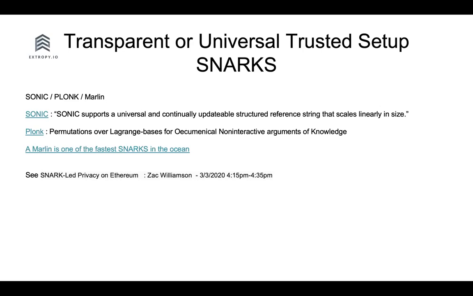So you wouldn't have to go through the setup again each time, unless you were trying to prove a different thing, unless the algorithm that you used was in fact different. And what Sonic allows is that you can actually change what you're trying to prove within certain bounds without having to go through the whole setup again.